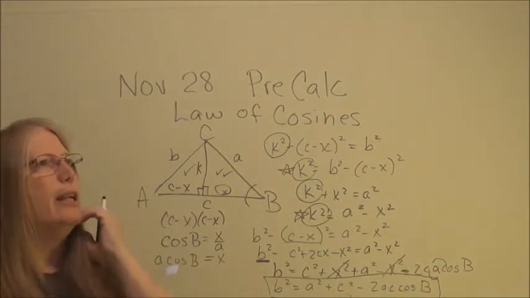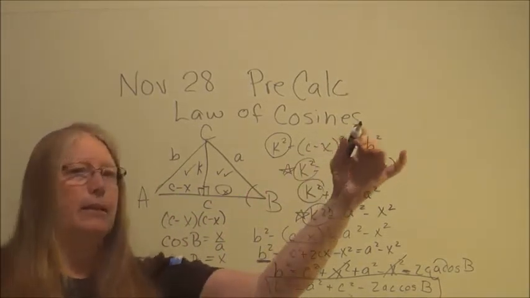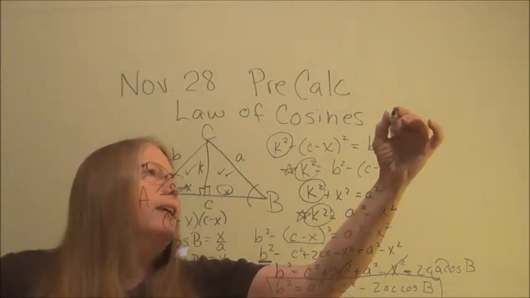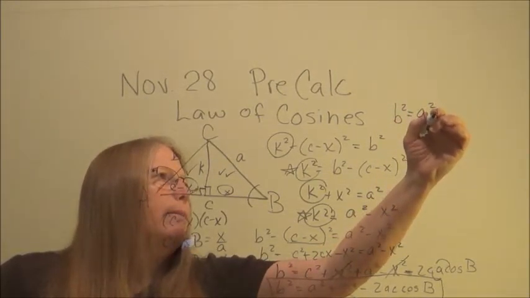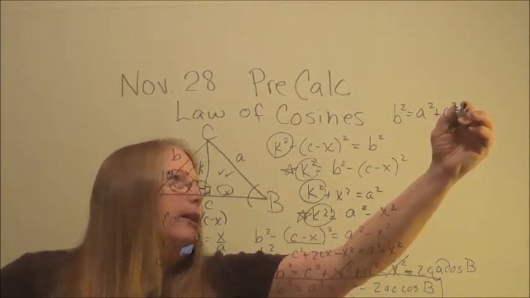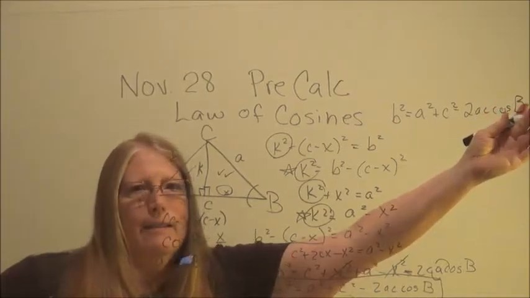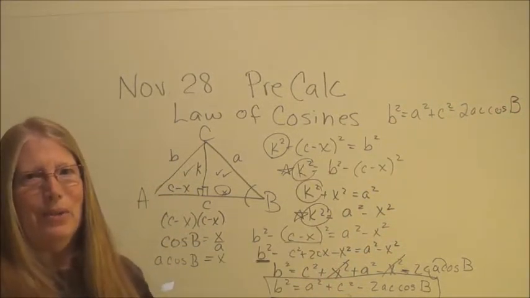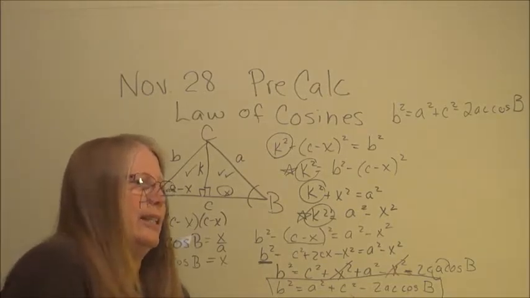Let me write it up top so you can see it in better form if it came off the screen. B squared equals a squared plus c squared minus 2ac cosine b. That might have gone off the screen as well. Oh well. I will check and see.